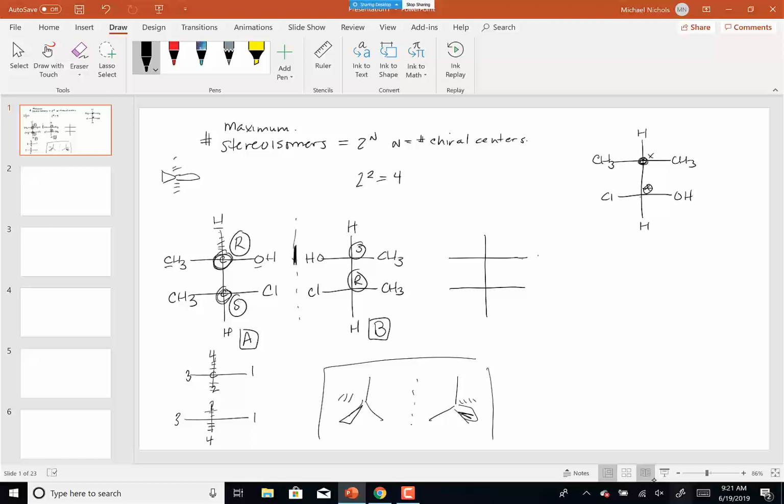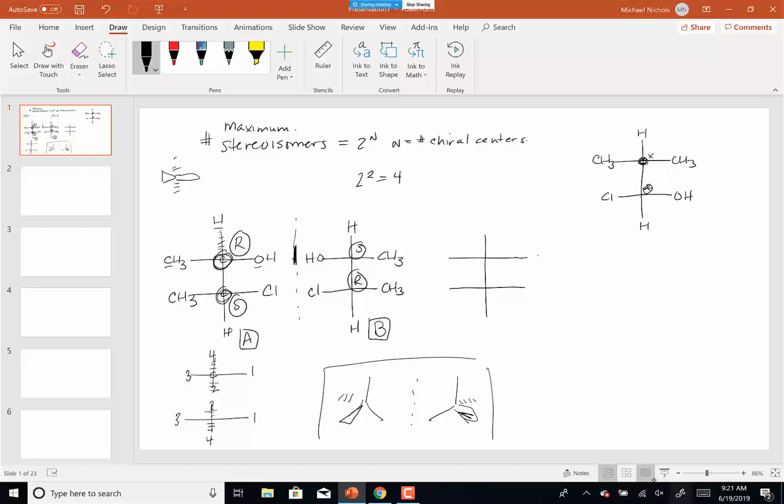In other words, take the top carbon. Well, I don't want to rotate anything, because when I rotate, I don't change the configuration. I want to just write a configuration. So let's take that example. Let's write RR.